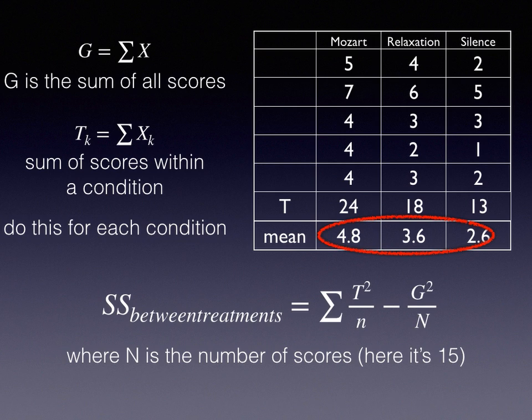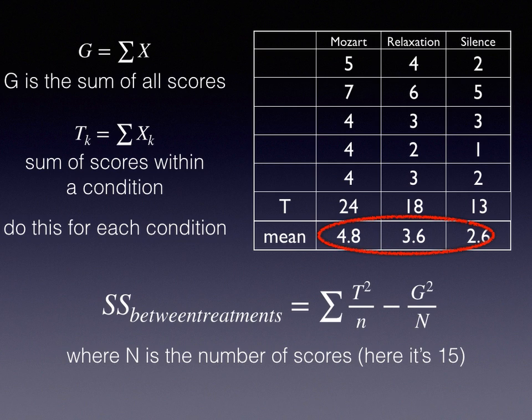We do T because we follow this computational formula for sum of squares between treatments, in which we take those T's and we square each one and divide by the number of scores that contributed to that total. And then we add those all up for all 3 groups. So to compute the sum of T squared over n, we would take 24, that's the T for Mozart, square it, divided by 5, which is the number of scores in the Mozart condition.